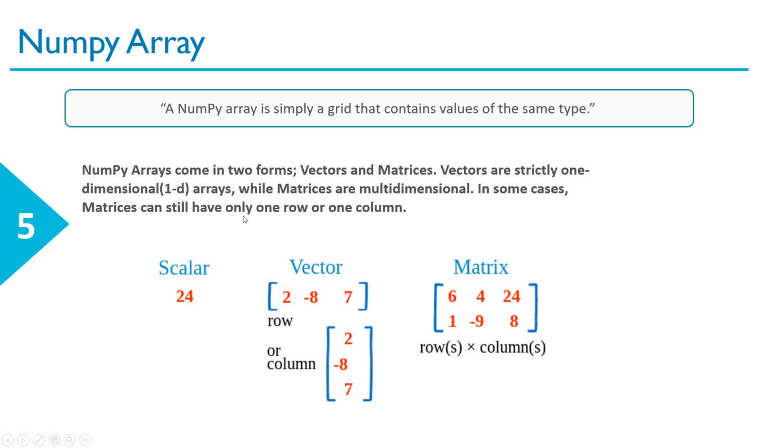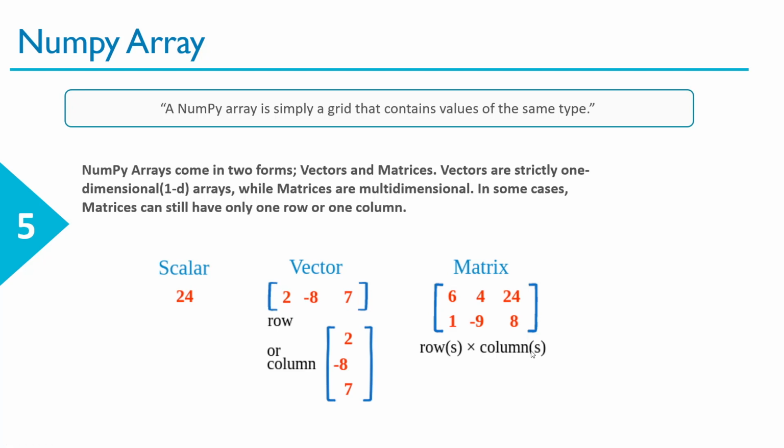And matrices can still have one row or one column. So this one is an example of a scalar, which is completely a number. This is a vector which is 1 cross n, and this is another vector of n cross 1. Here n is 3. And this one is a matrix.